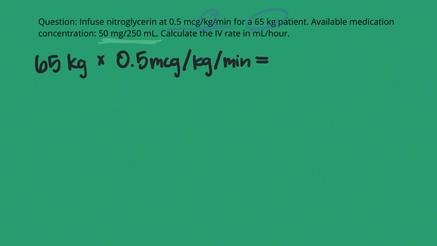If you just want to cancel this out to visually give yourself what's left, you've got micrograms per minute because the kilograms cancels out. All right, we're going to take the 65 and multiply it times the 0.5. And that gives us 32.5 micrograms per minute. Every minute, this patient should be getting 32.5 micrograms.